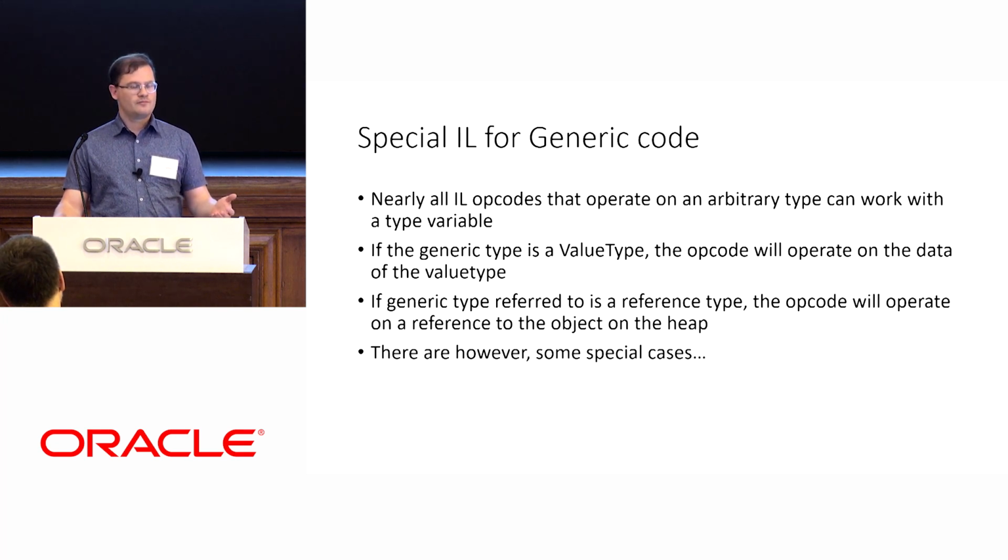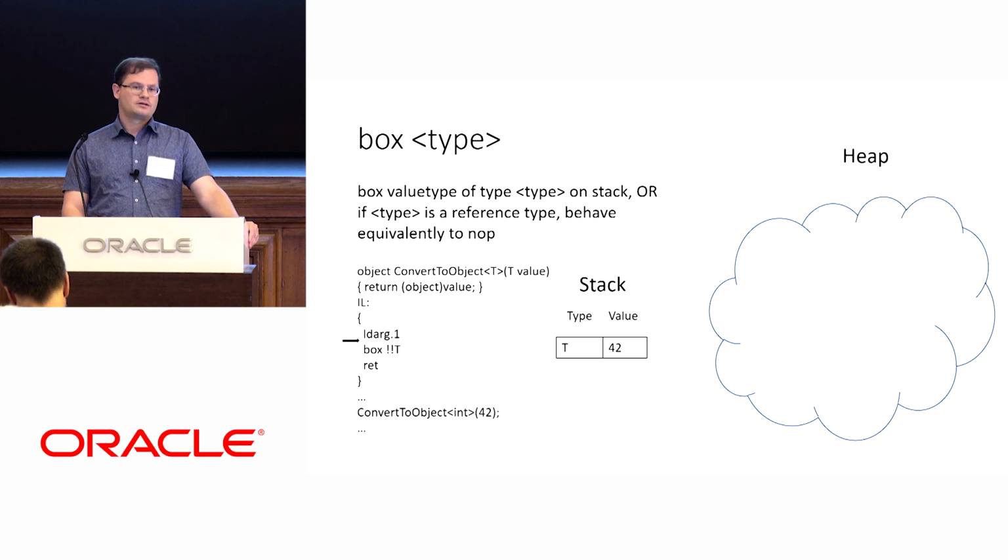If the IL opcode refers to a reference type, the opcode operates on a reference to the object on the heap. There are some special cases, though, which are box, unbox, and constrained calls, which are used to make specialized calls. I'm going to start with the box opcode.